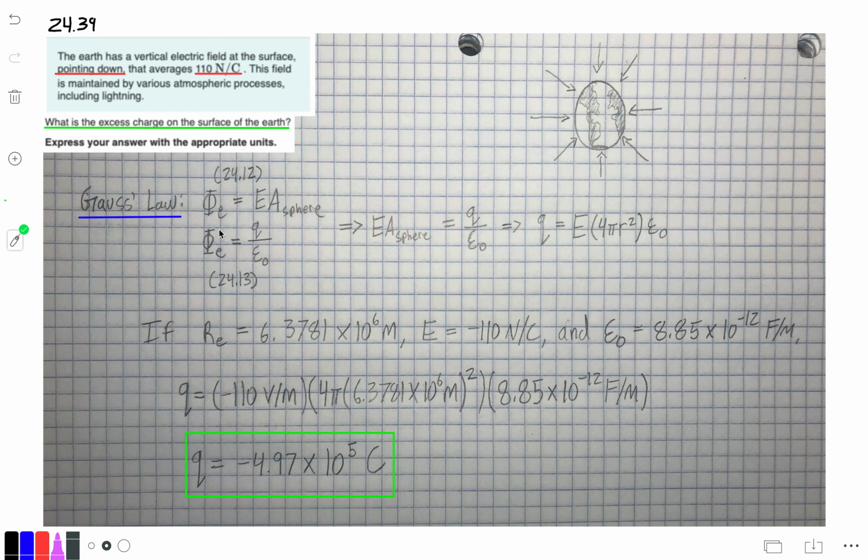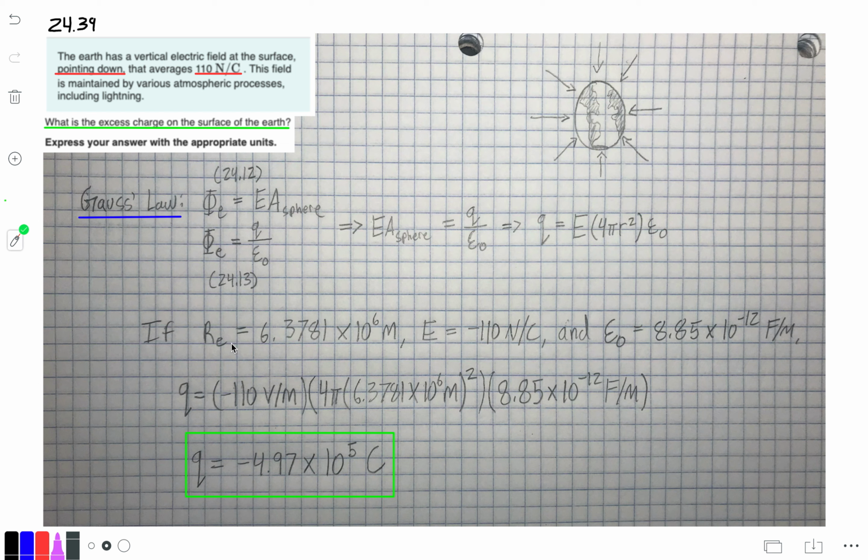So just rewriting this equation, we can set these two values equal to each other to say that the electric field times the area of a sphere is equal to the charge q divided by the permittivity of free space. Then we can just rewrite that and solve for q, since we are solving for the excess charge.